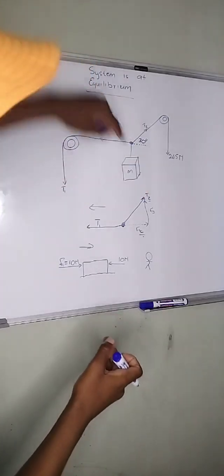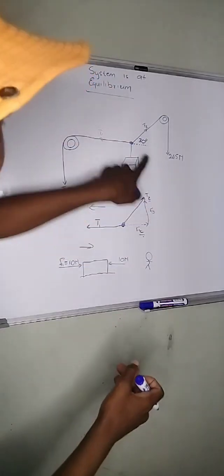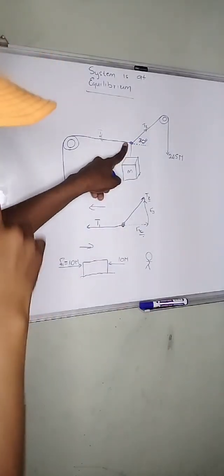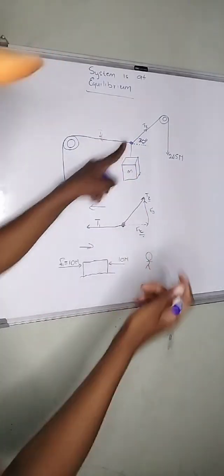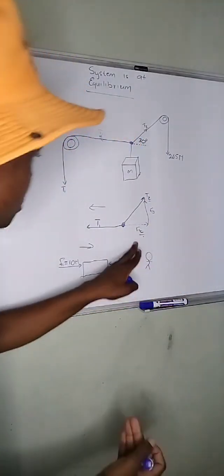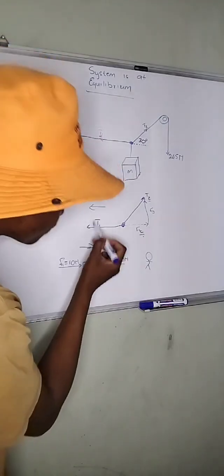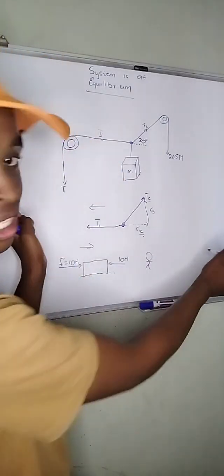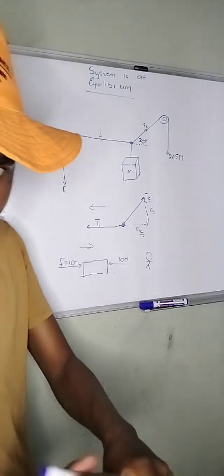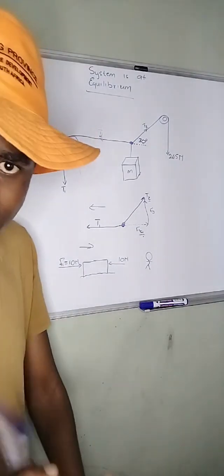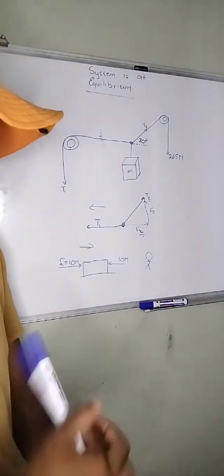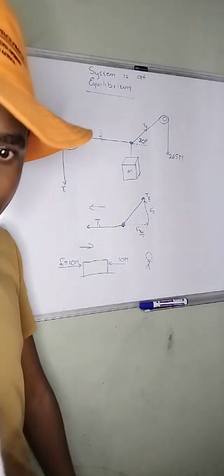There must be a force to resist T1, in such a way that this point doesn't go to the left and doesn't go to the right. It means Fx has to be equivalent to T1 but in the opposite direction. Am I making sense? Or am I blowing hot air?